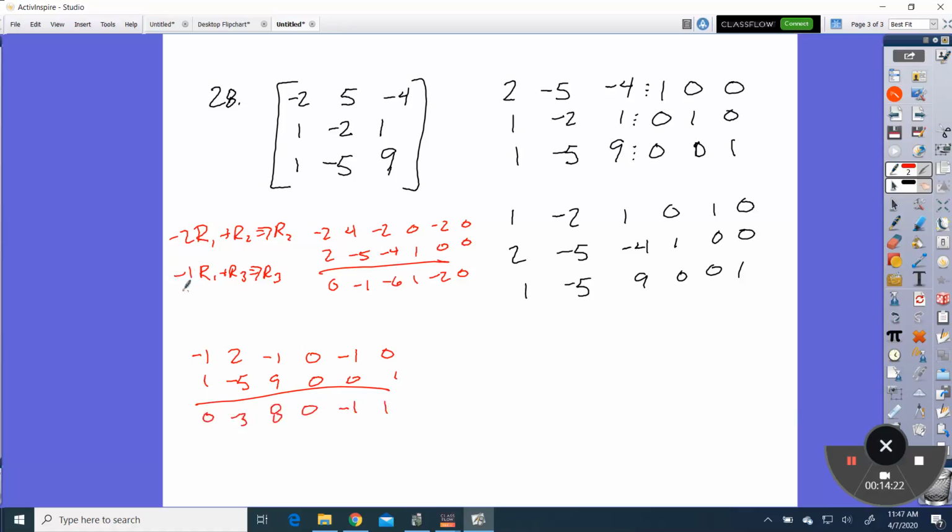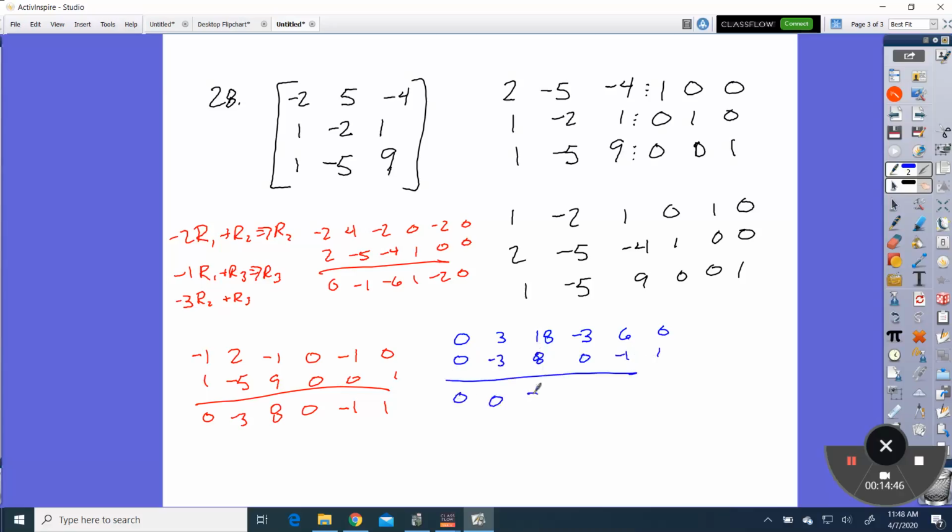And then we had row 2 plus row 3. Well, I'd have to do -3 times row 2. So I would have 0, 3, 18, -3, 6, 0. Add that to this one. 0, -1, 1.